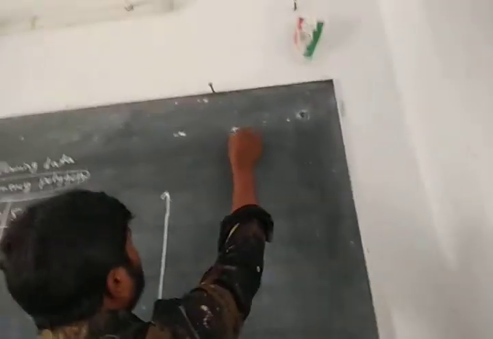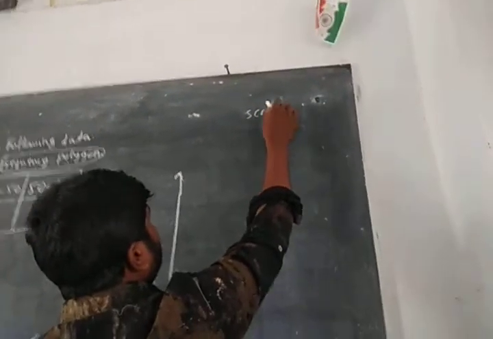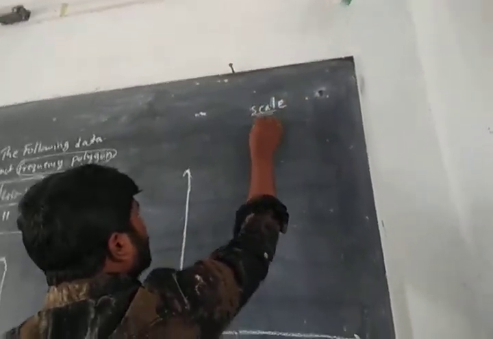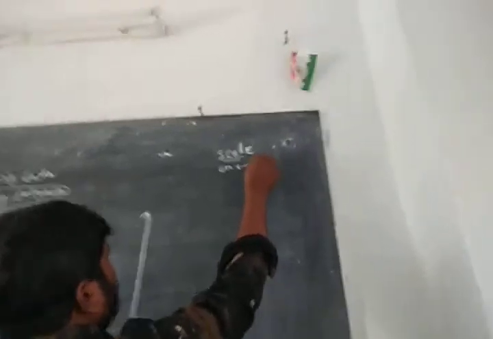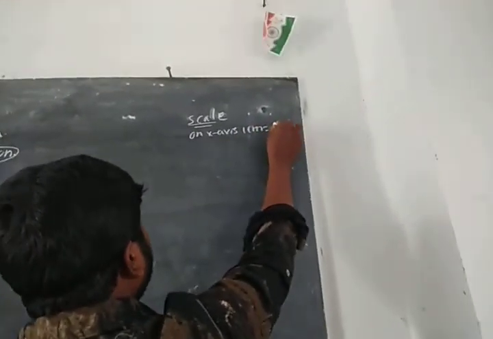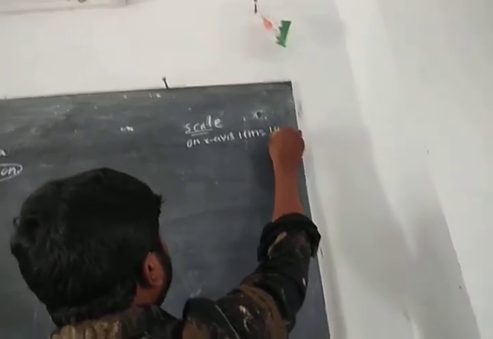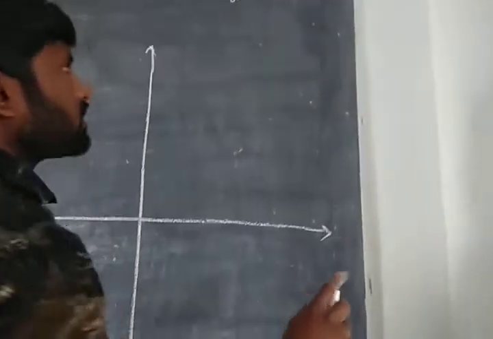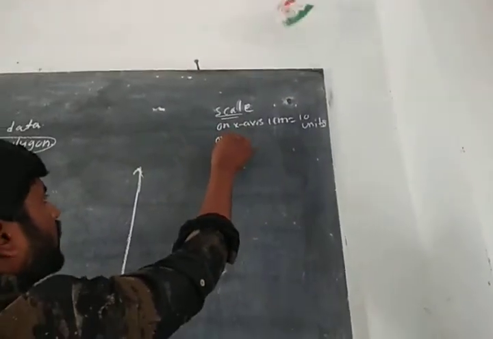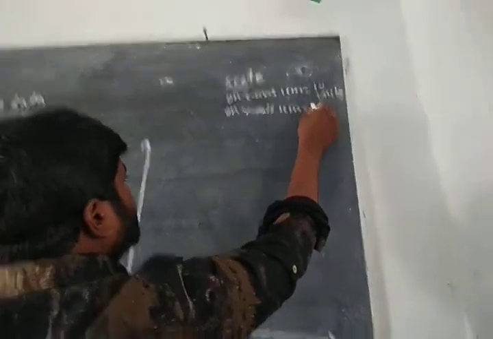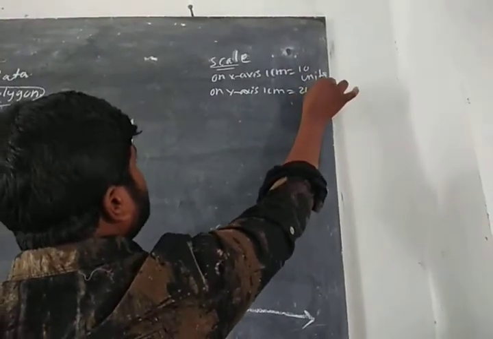That's why I'm going to take the scale on the x-axis: 1 centimeter is equal to 10 units. On the y-axis, 1 centimeter is equal to 2 units.